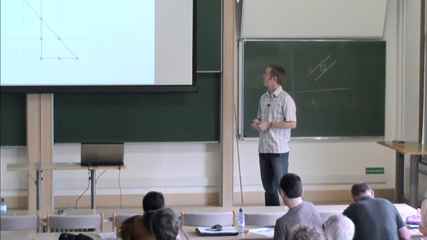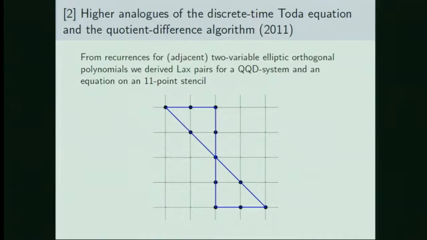So then in the work of Paul Spicer in his thesis, he came up with recurrences for two variable elliptic orthogonal polynomials, or actually adjacent polynomials. And from these recurrences, we were able to create a Lax pair. And what also came out was this new equation, a generalization of discrete time Toda on a bigger stencil, like this one.